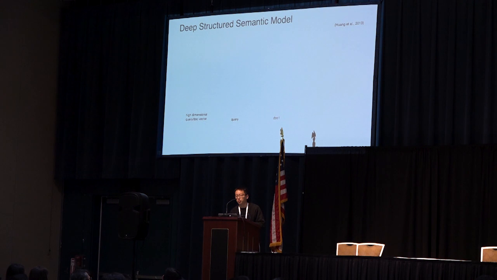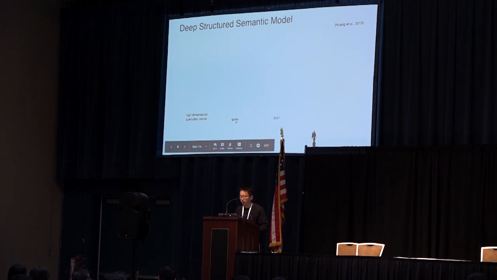The deep structured semantic model is one of the earliest models to apply deep learning to ranking. The input is two high dimensional vectors, the query and the document. Let's say the vocabulary size is 30K, then it's a very sparse vector.